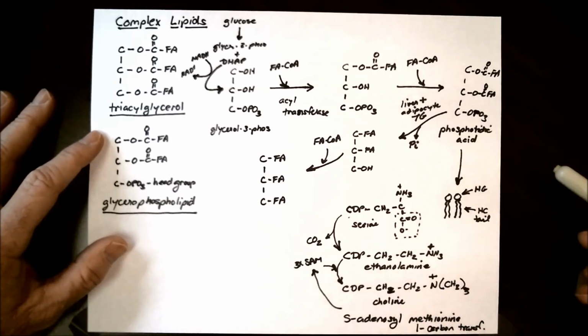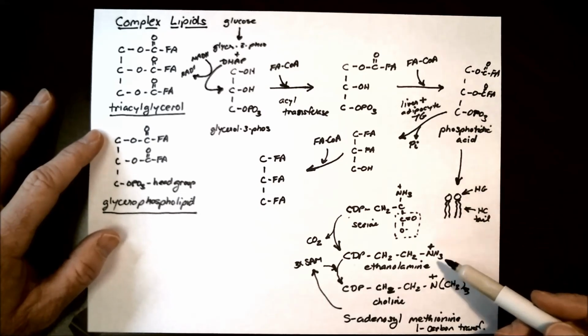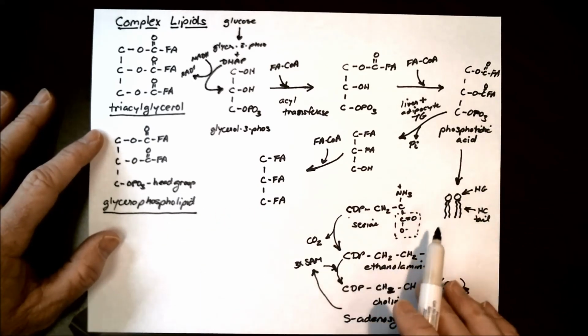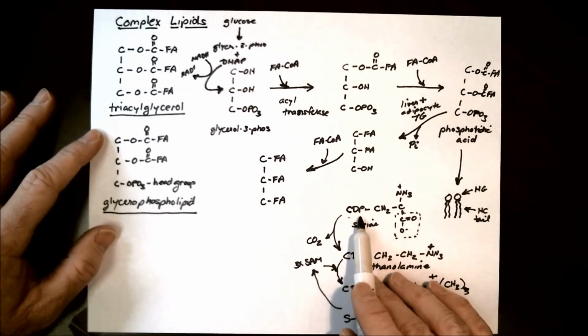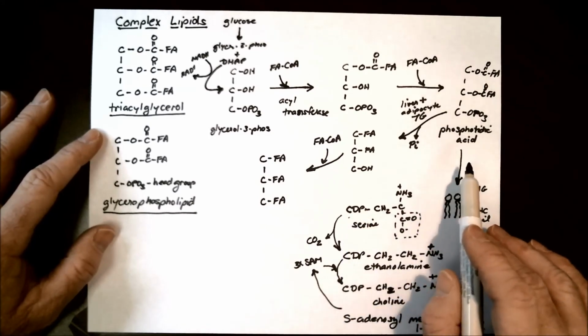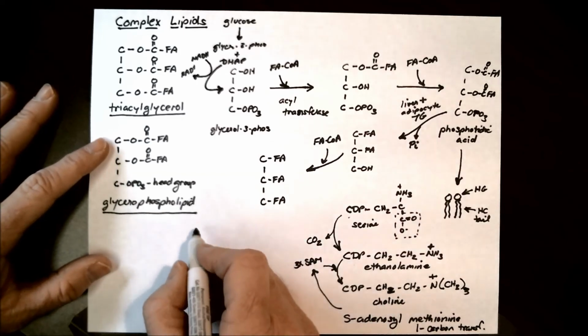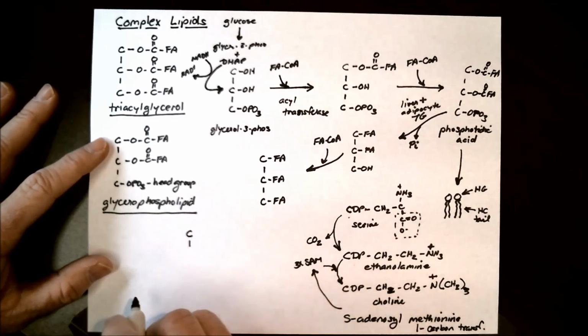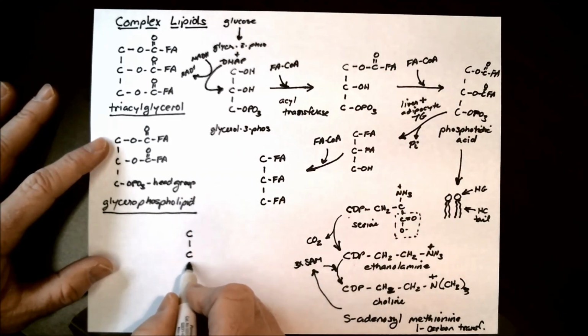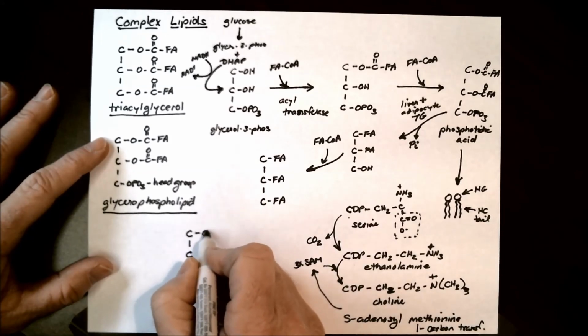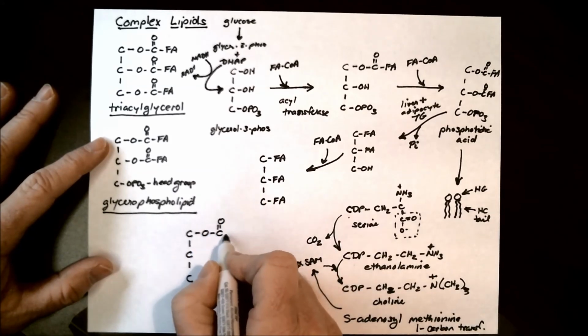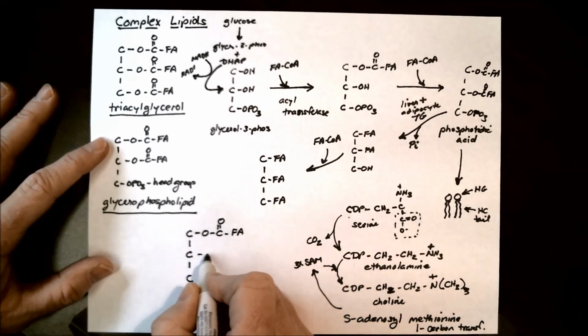So the final step to convert phosphatidic acid into a glycerophospholipid is to use these high energy structures with the CDP and added onto the phosphatidic acid. So as an example, I'll draw ethanolamine on what this will look like. The final structure.